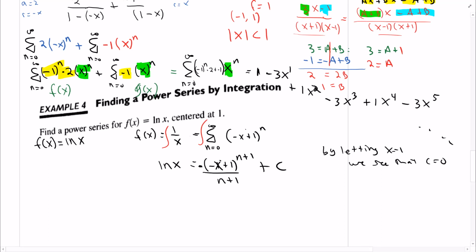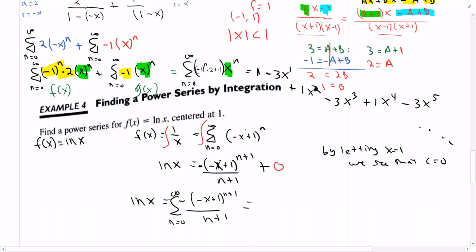So this c is just going to be 0 in this case. So we should write it, but it's not there. So we can find out that natural log x is actually equal to this thing here. Oh, I should have the summation out here.